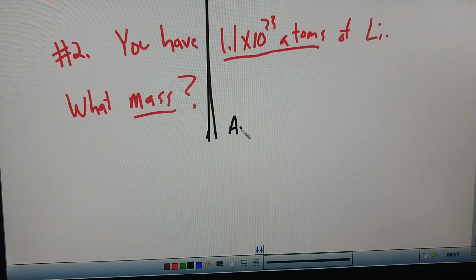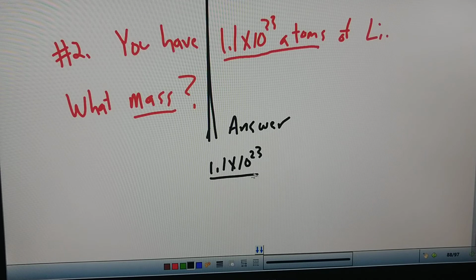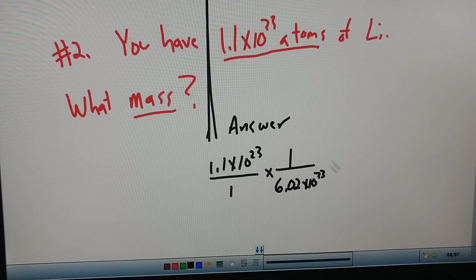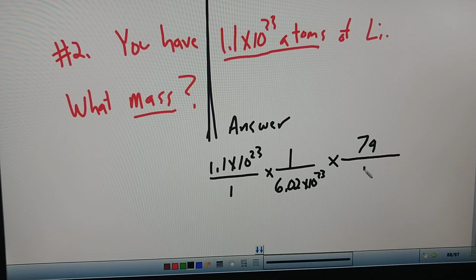Here's the answer. And here's how you do it. You'd say I have 1.1 times 10 to the 23rd. That's the number I'm given. Times 1 over the proper number. The proper number for a mole of atoms is 6.02 times 10 to the 23rd. Times the number I'm looking for over 1. So we're looking for a mass. Lithium weighs 7 grams or 6.941, right? So that's how we would solve the problem.